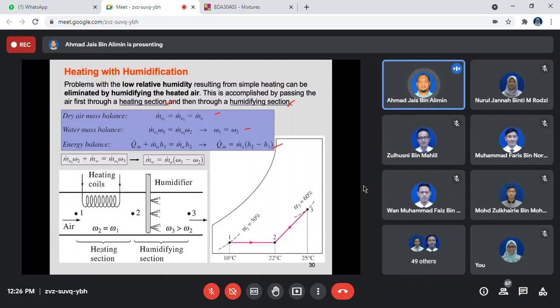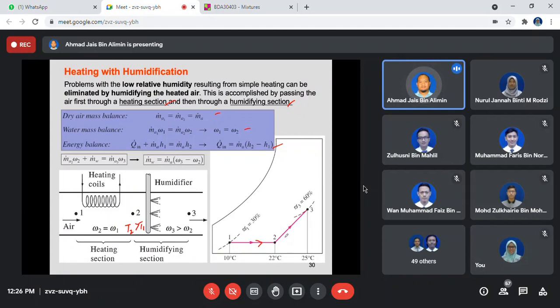So you have the heating section here, and then after you increase the temperature, T2 is bigger than T1. In here, you start to increase the water content inside the particular area, so you have the specific humidity increase. So if you look at the sketch here, it must go horizontally to the right, representing the heating.